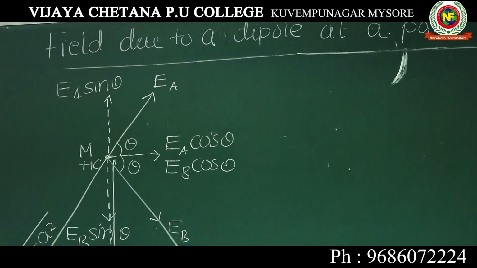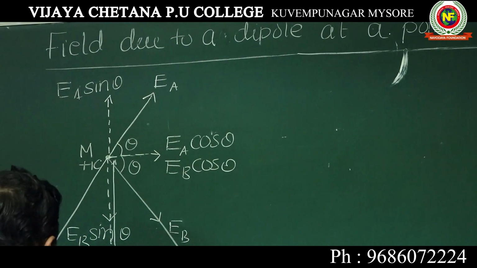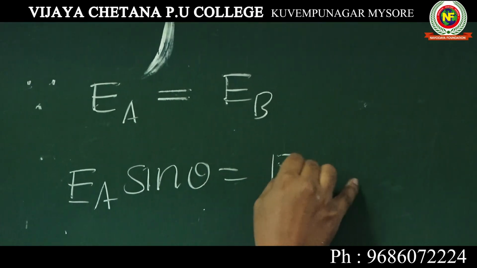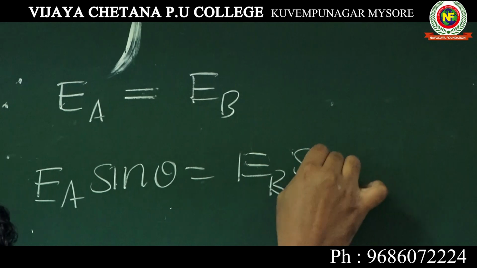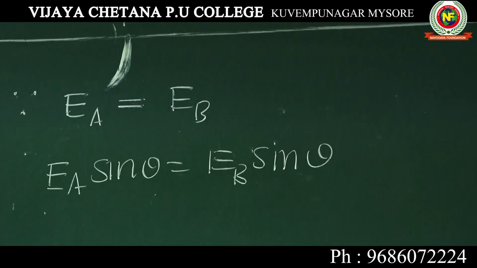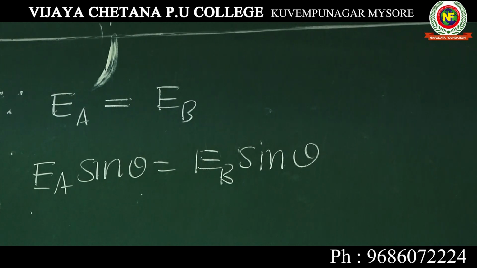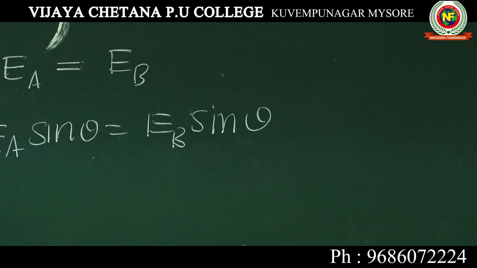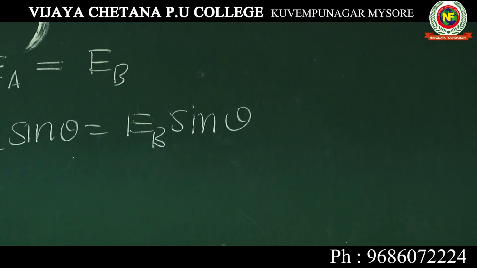We are using that. Now, since EA is equal to EB, EA sin theta is exactly equal to EB sin theta. Right? Understand? But EA sin theta and EB sin theta are in opposite directions.